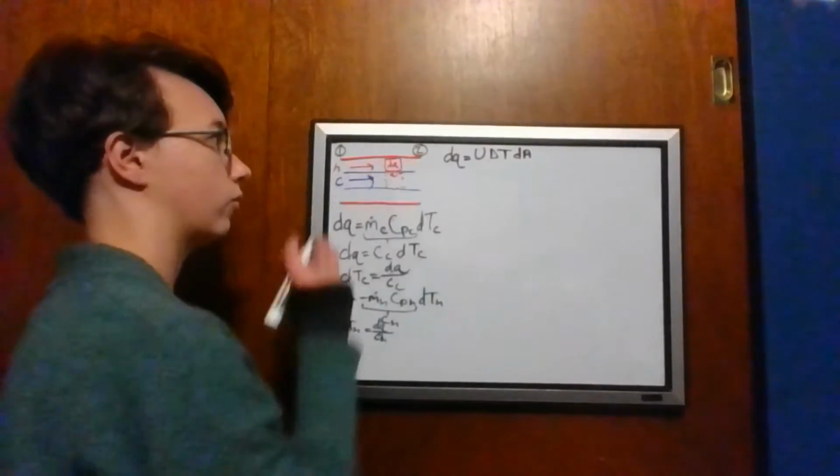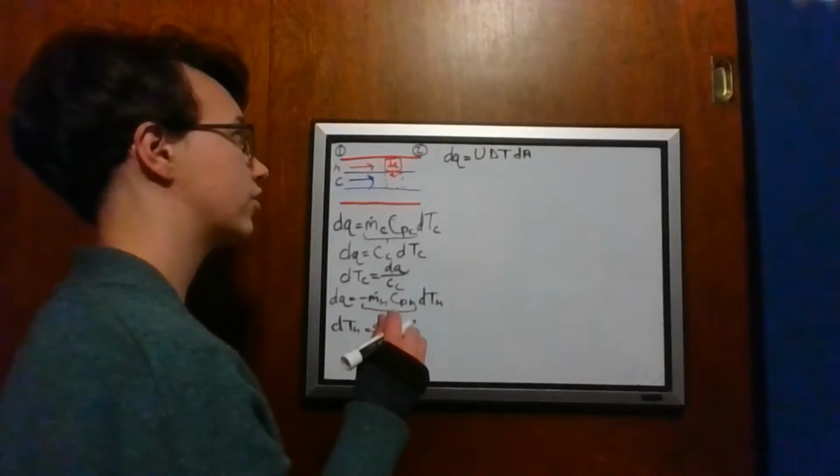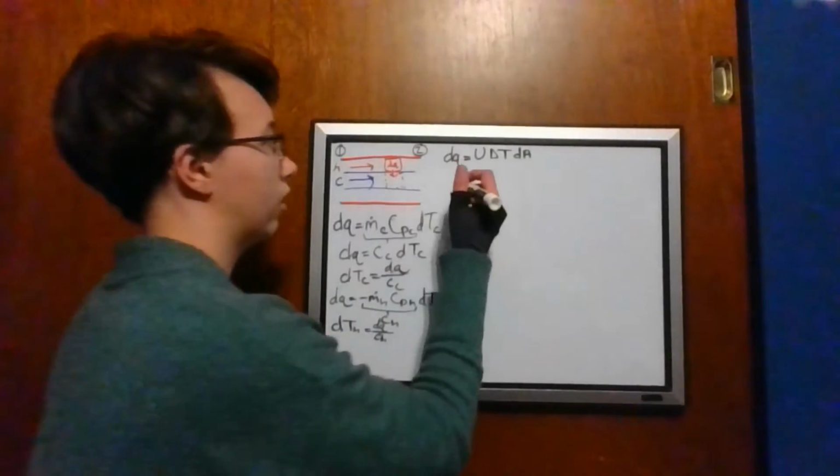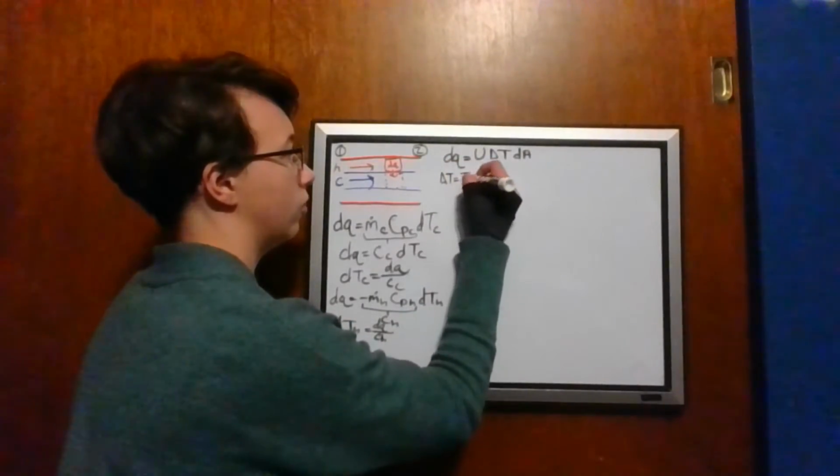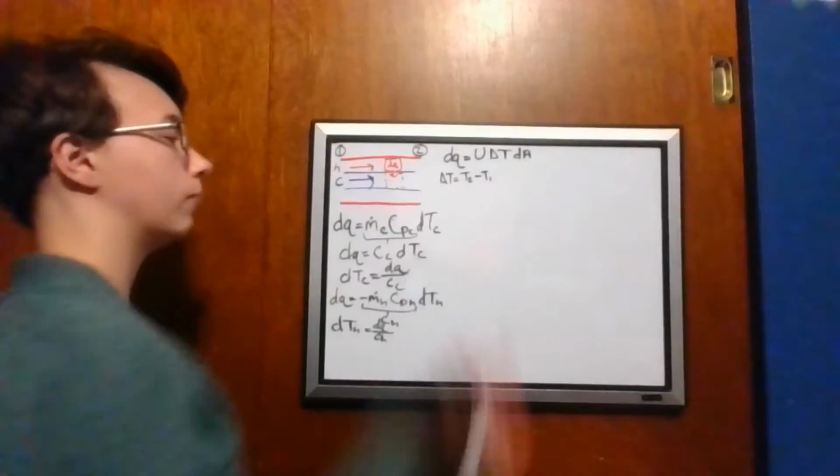So we're dealing with the differential here, and then our change in temperature, delta T, is just equal to T2 minus T1.